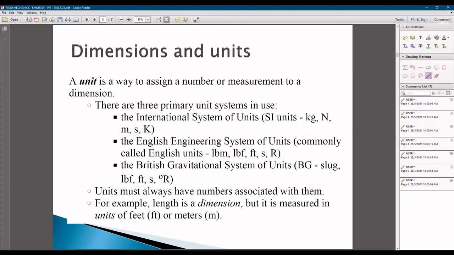Okay. A unit is actually a way to assign a number or measurement to a dimension. There are 3 primary unit systems in use.